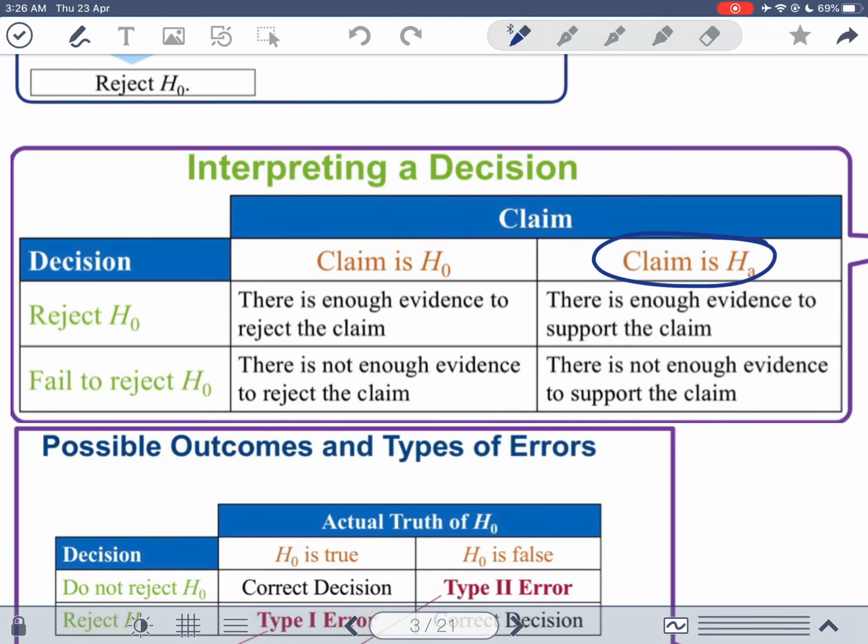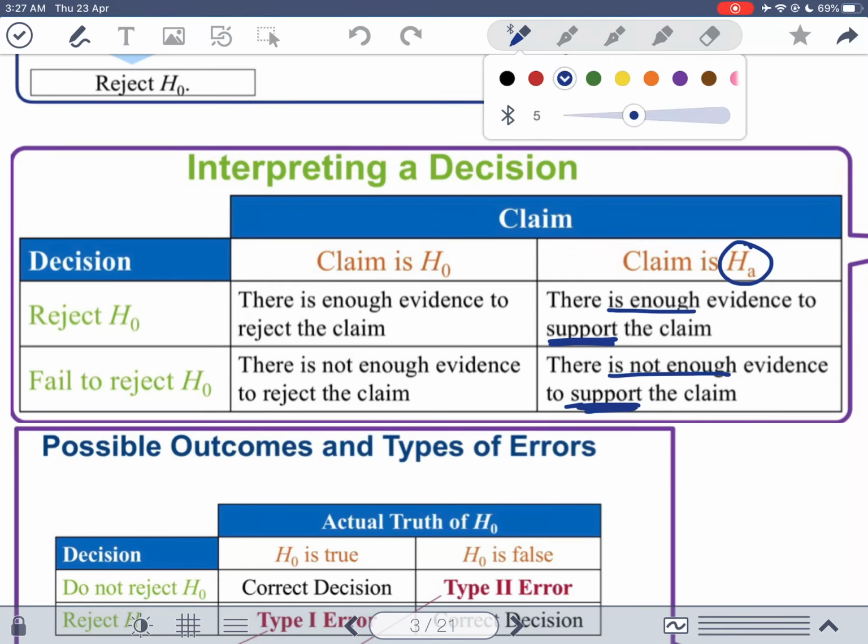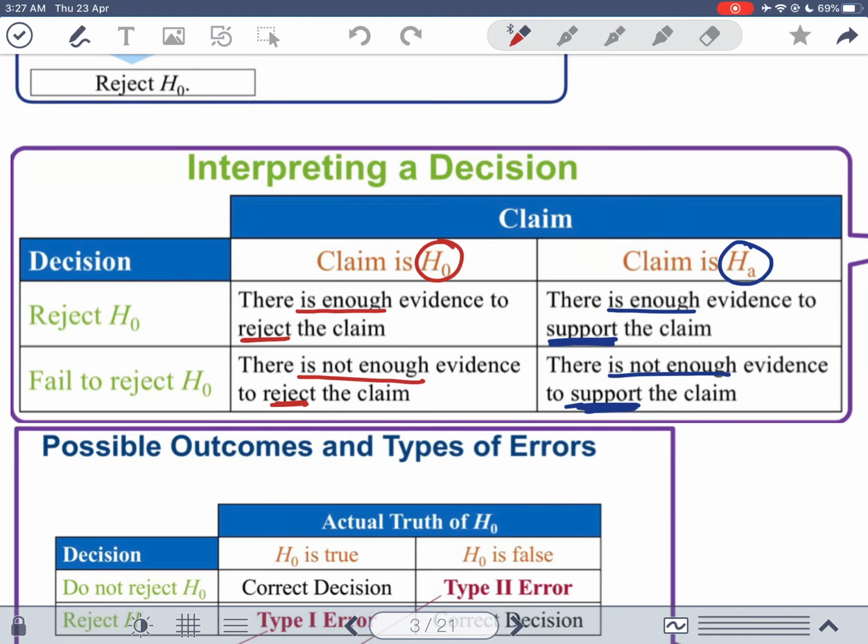Or you claim H1 or HA and you fail to reject H0. Notice that with HA, you always say support, whether there is enough or there is not enough evidence. HA or H1 always comes with the word support. On the other hand, H0 always comes with the word reject: either there is or there isn't enough evidence to reject.